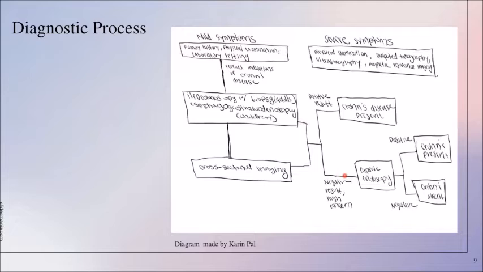If the capsule endoscopy results read negative for Crohn's disease, then Crohn's disease is likely not present. However, if the results are positive, then it is likely that Crohn's disease is present.